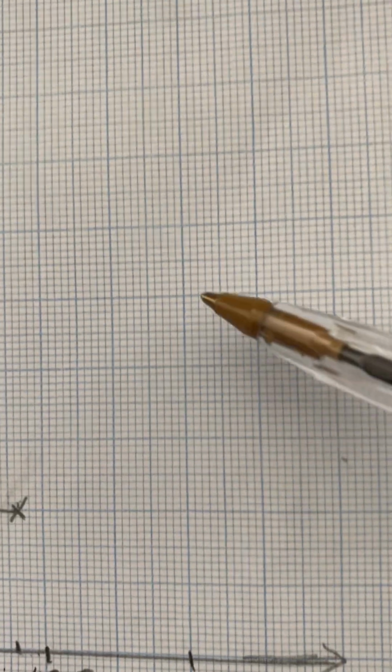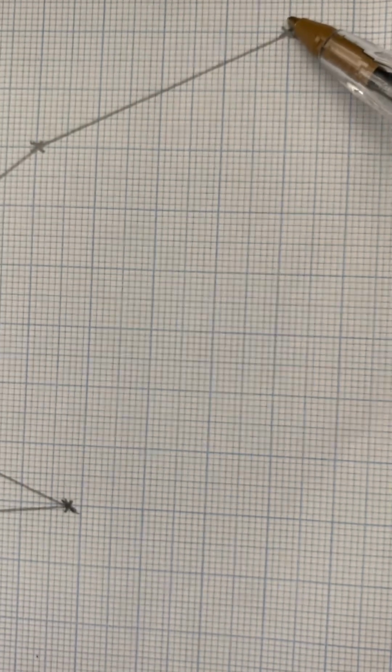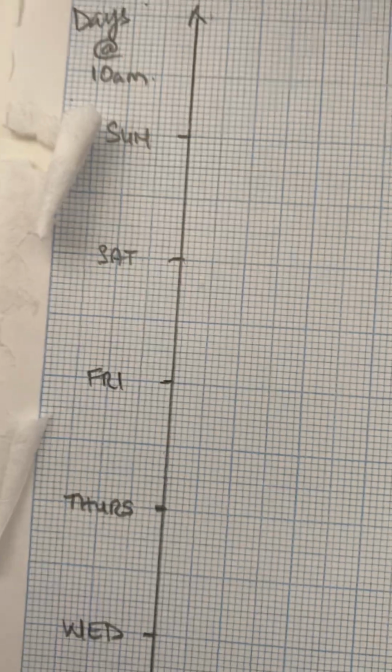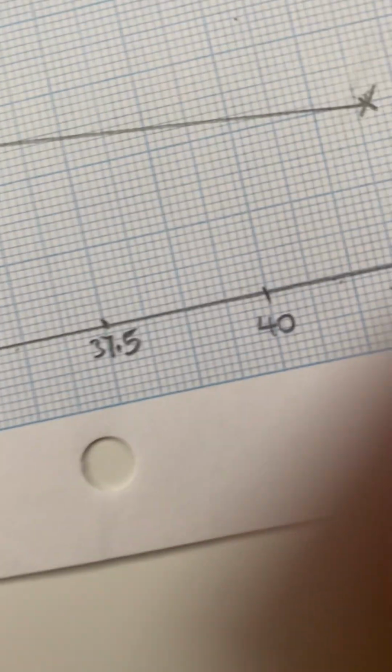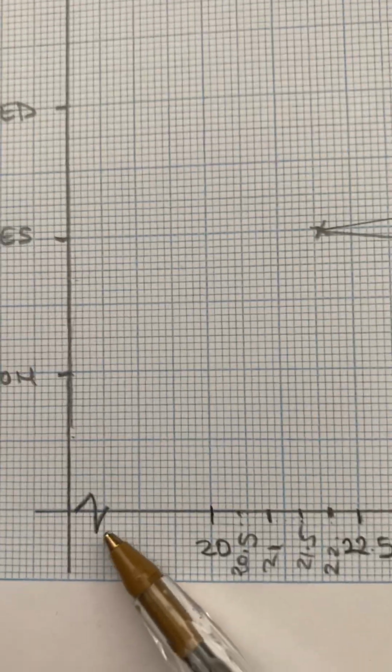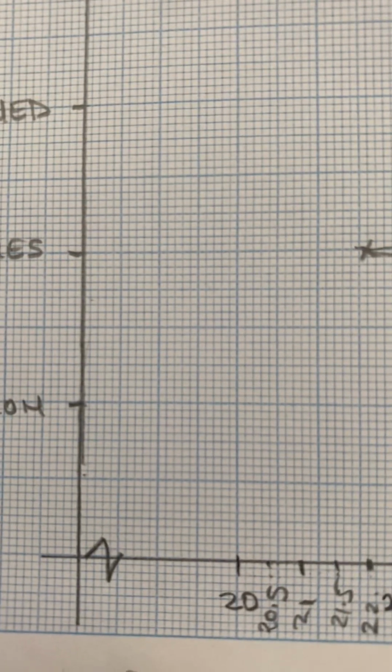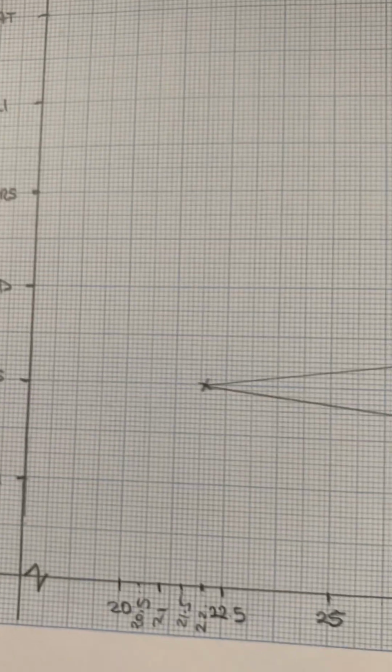So we go all the way up, Sunday all the way up there, and then that is our Sunday. So it is very easy to plot the graph if you get the scale right. If I started from 0, my graph would be so cluttered in the middle, but because I shortened it, I've used most of the graph, as you can see.